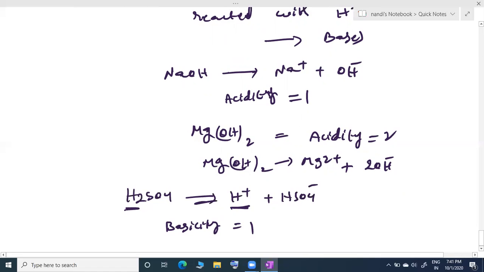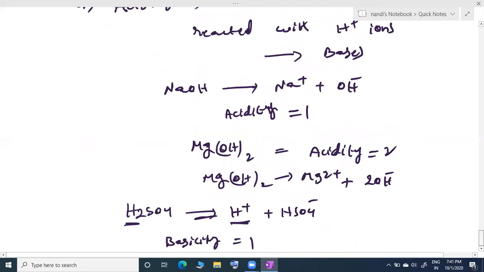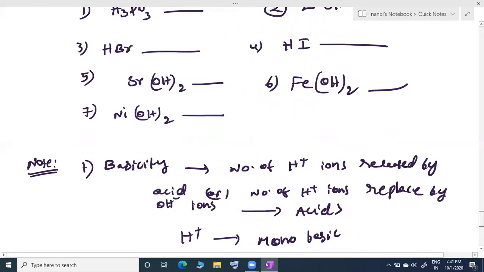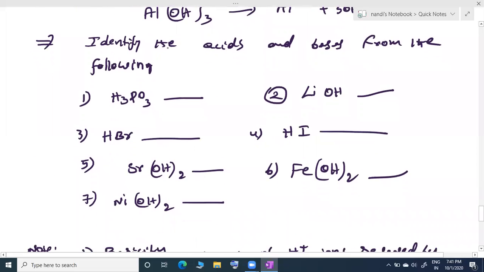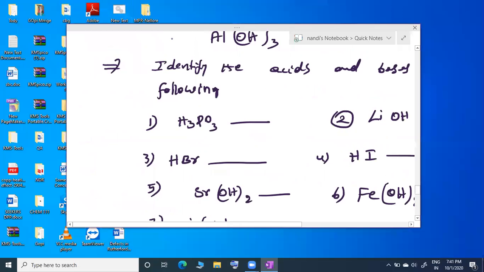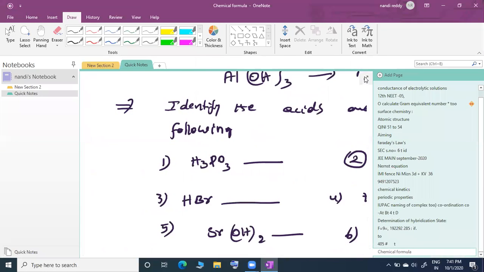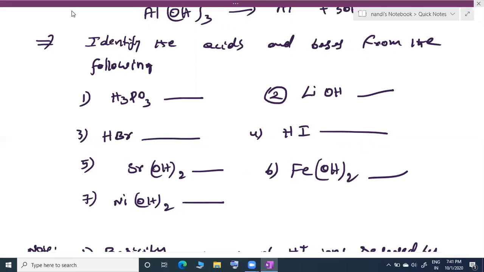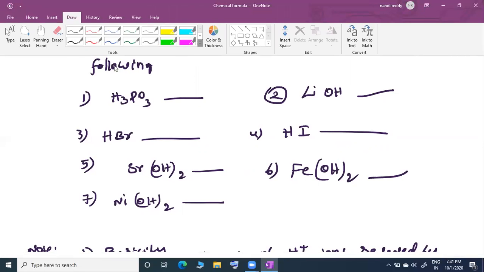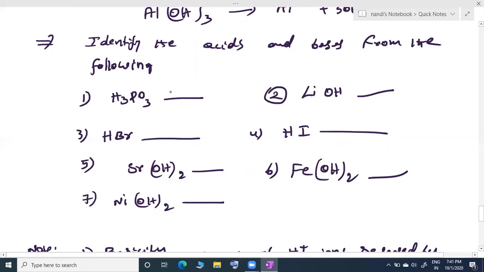Now you can note down these things, basicity and everything. In this case, this is acid. I'm writing answers. Acid, but here basicity is 2 because only 2 can be released, not 3, based on structure. I will provide the structure.